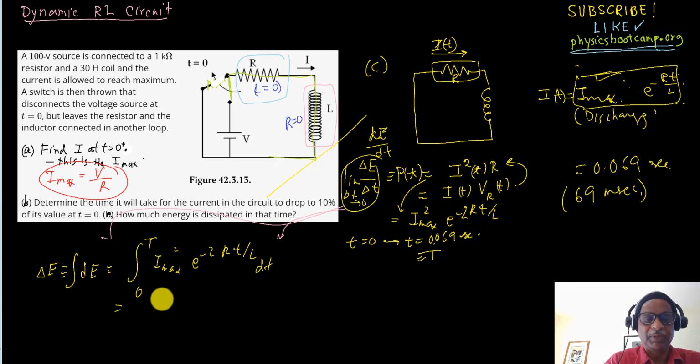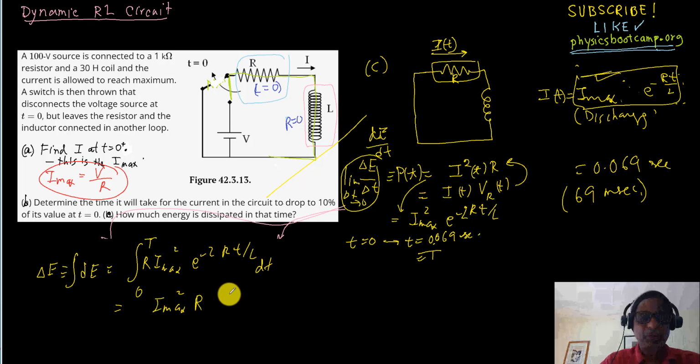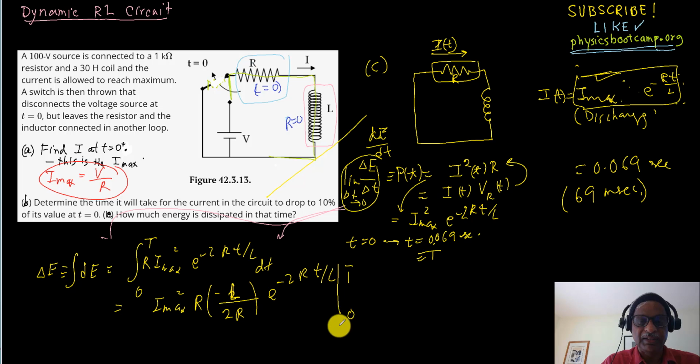When you integrate this, what's going to be I max squared, and there is R here that I forgot. There's R here, I max squared R, and then this is going to be L over 2R and e to the power minus 2 R t over L, from 0 to T. When it's 0, it's 1.